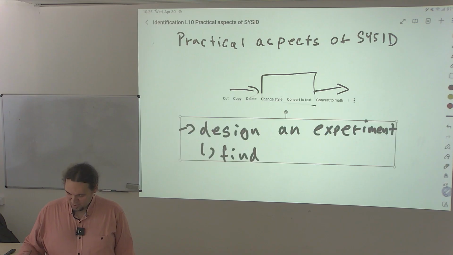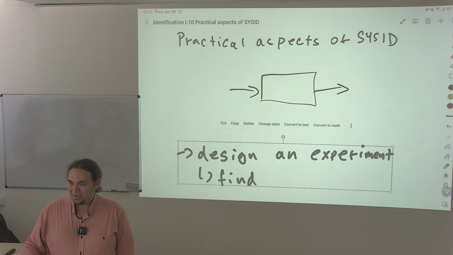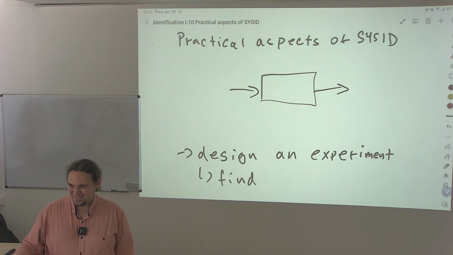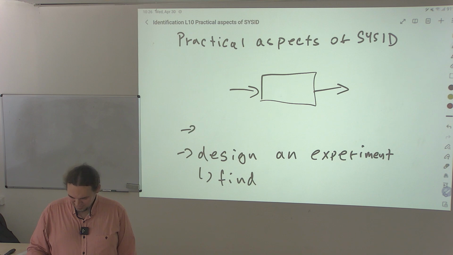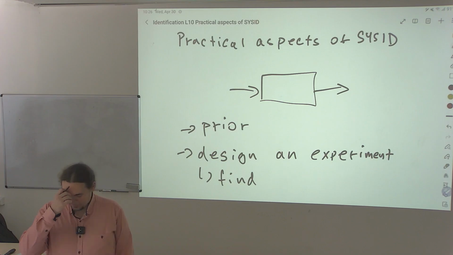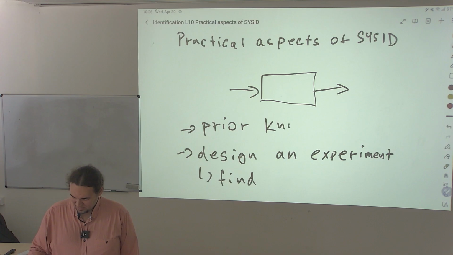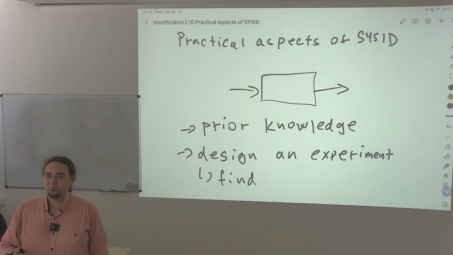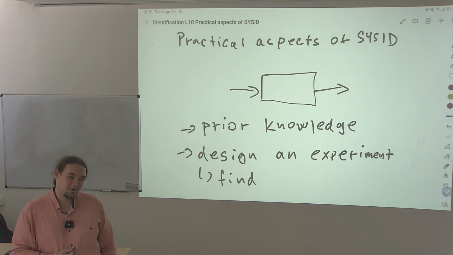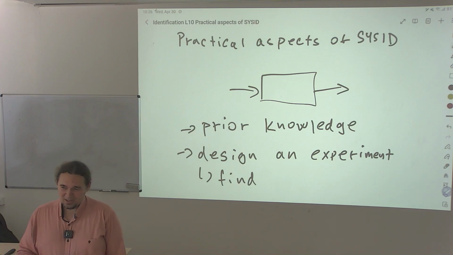Maybe even before this, wouldn't you actually read the manual for the device? Or make ChatGPT read the manual. Or you will ask somebody, if you come to a refinery or some other production plant. You will try to get some prior knowledge. How does it work? What can I expect?